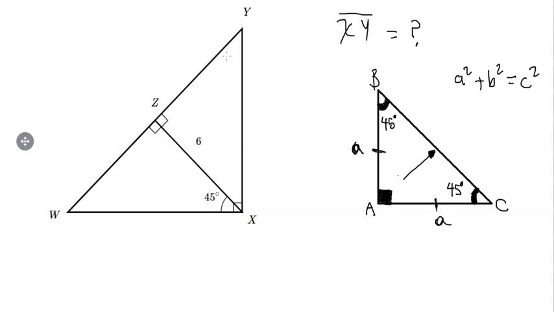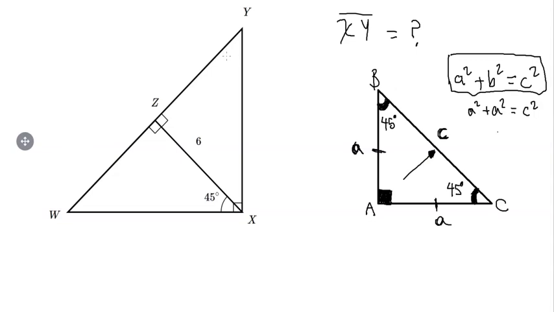Now, in this isosceles triangle, what happens? The two sides are equal, right? So instead of A squared plus B squared equals C squared, what will you have? That's correct. A squared plus A squared equals C squared.